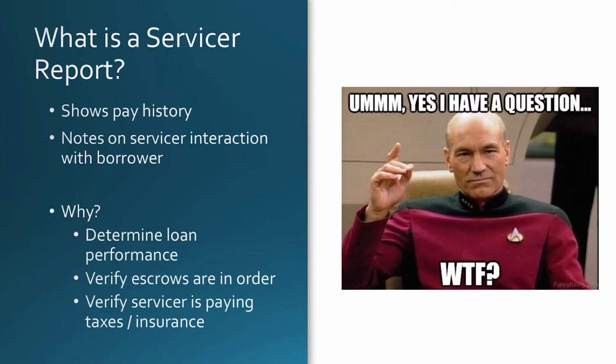Most of the time, what we're looking for is a pay history report to see what payments have come in on the loan, how they've been allocated, how current the loan is, things like that. There's also a lot of other information. There's generally notes on the loan and sometimes call logs where the loan servicer, if they've made contact with the borrower, either over the phone or through email, they'll document a lot of those things in there.